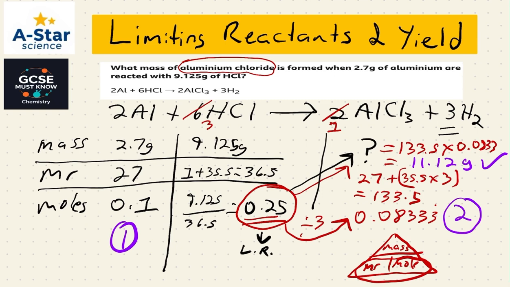And you can use this method for any calculation type question, including titration, amounts of substance, reactant yields, product yields, anything along those particular types of chemistry calculations.